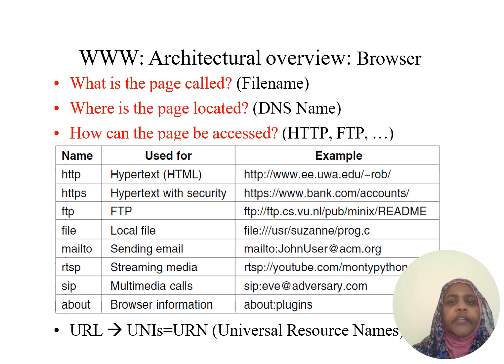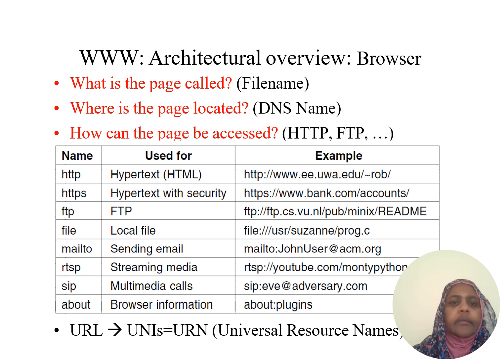For a browser to fetch a page, it has to know its URL, Universal Resource Locator, and its URN, Universal Resource Name. It's composed of the protocol used to access the page, the DNS name, and the file name.